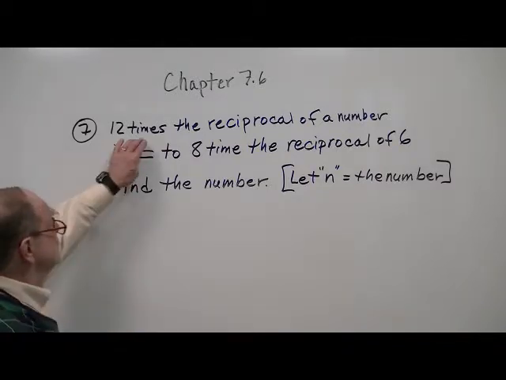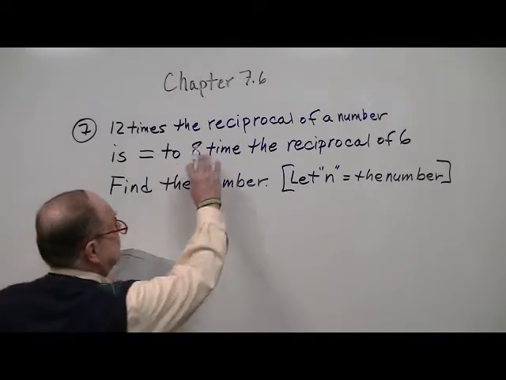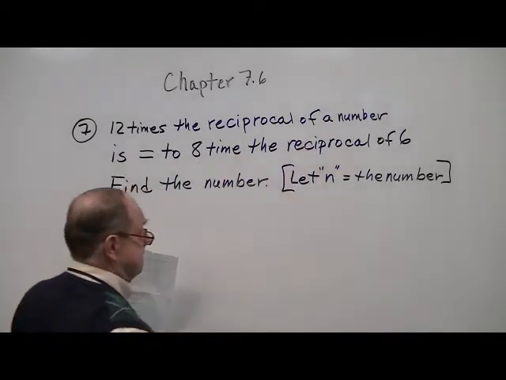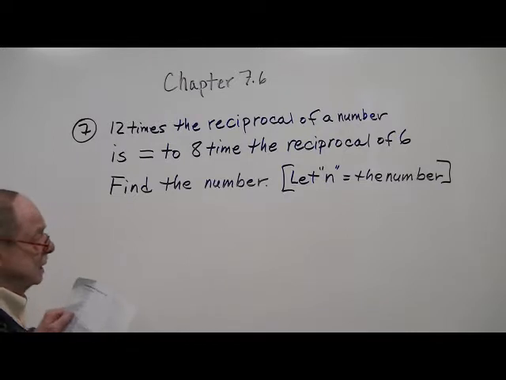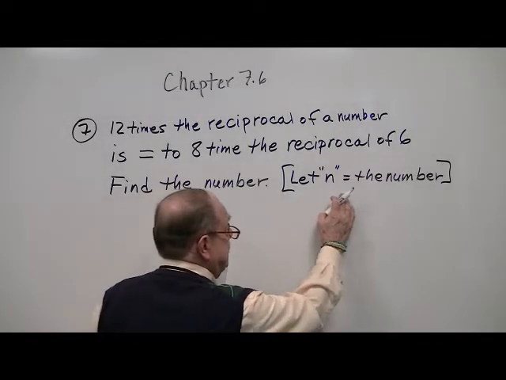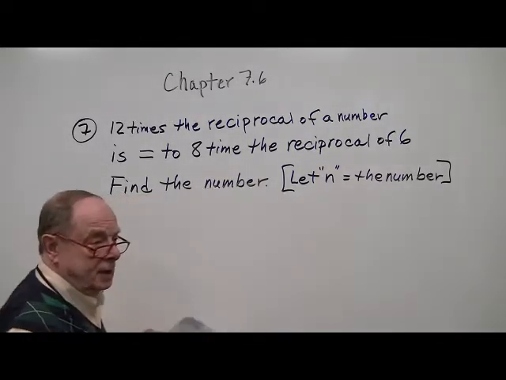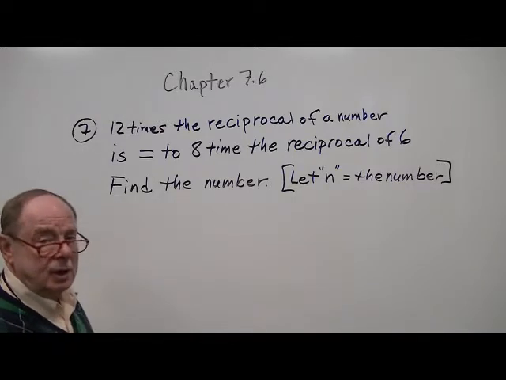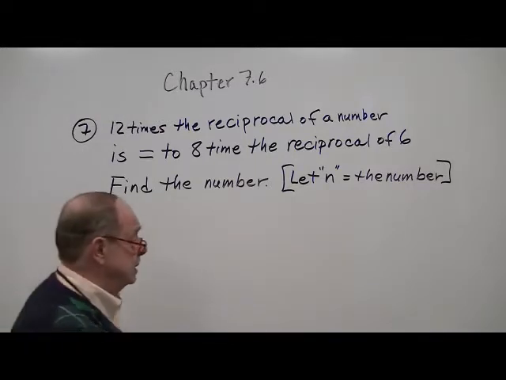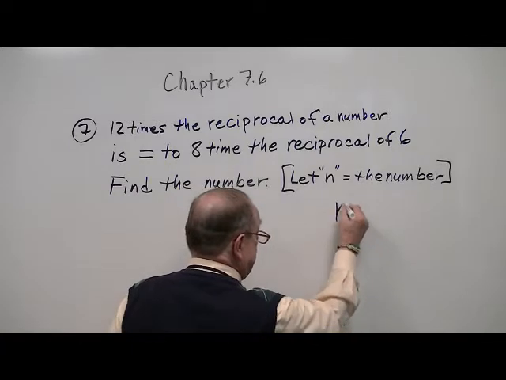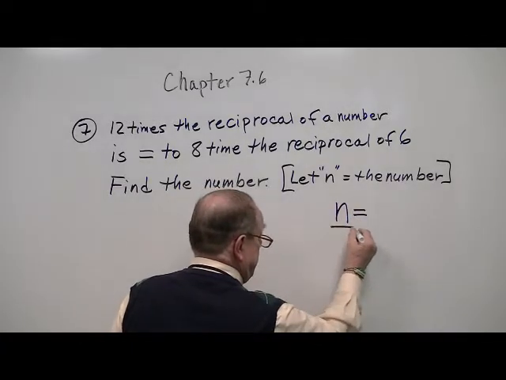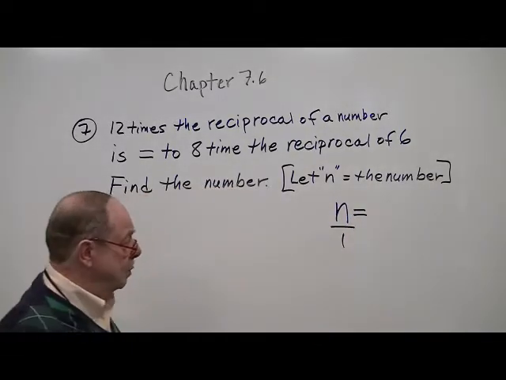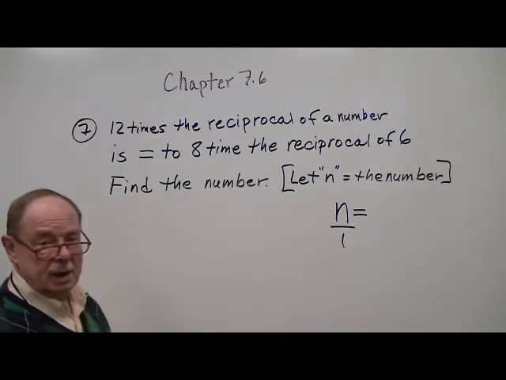It says 12 times the reciprocal of a number. Well, if n is going to be the number, what's the reciprocal of n? So n is the number, and that's over 1, remember. What would be the reciprocal of n?